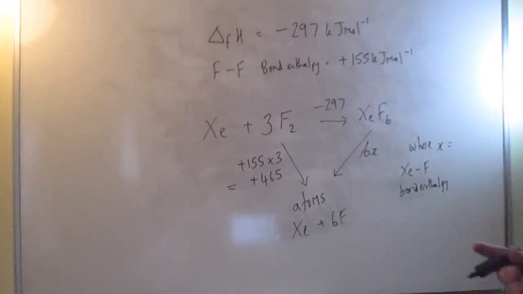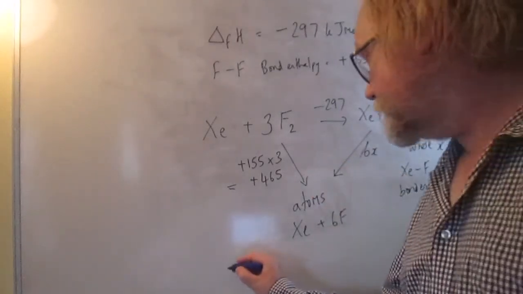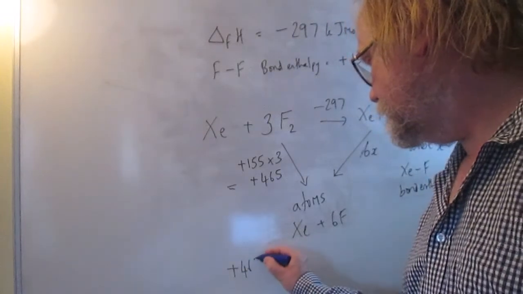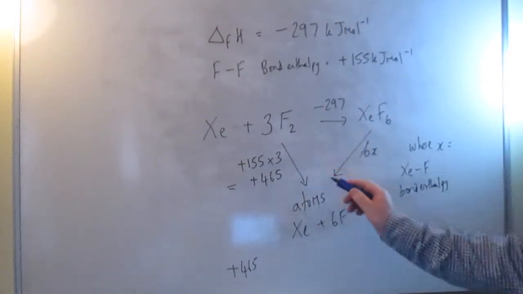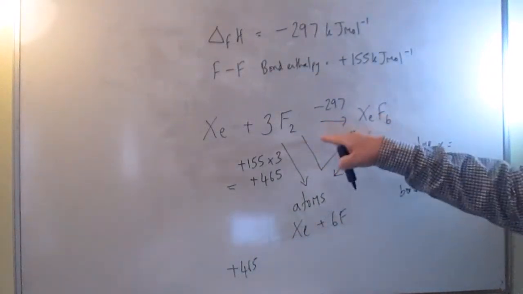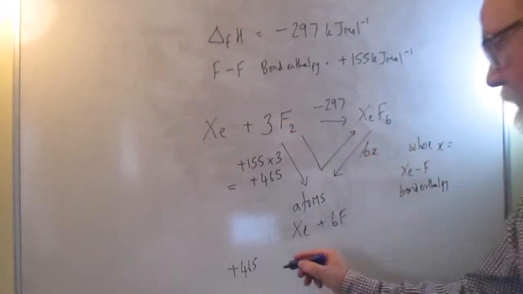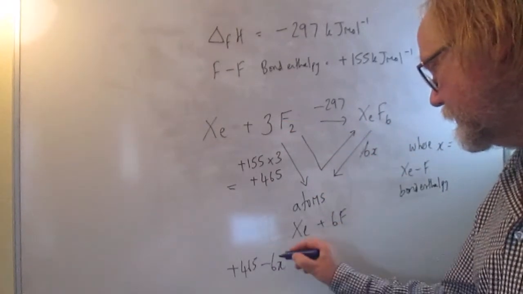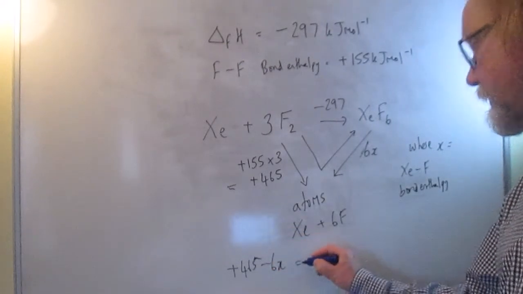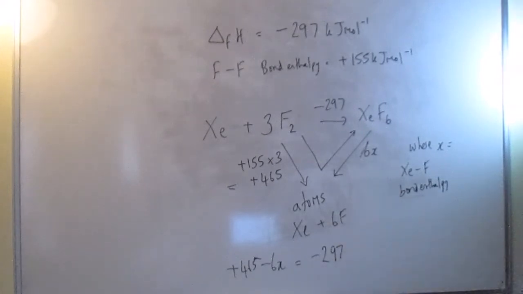Okay, so we can just quickly scribble down a cycle like that, and then we've basically got to solve for X. So what we can do is just write a little equation which says that plus 465, so going from there to there, and then we need to carry on in that direction, because remember our indirect pathway to match the one at the top is going to go like that. So plus 465 minus 6x is equal to minus 297.